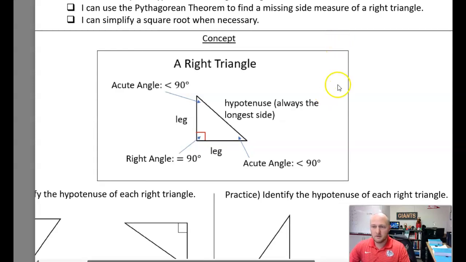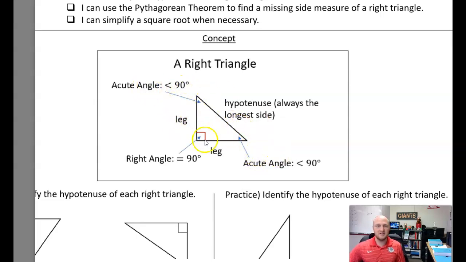A right triangle is a triangle in which there is a 90-degree angle, and a 90-degree angle can be seen, usually indicated with this symbol here, telling us that these two line segments are perpendicular, and that this angle contains 90 degrees. Now, when you have a 90-degree angle, you will have two acute angles that are less than 90 degrees.